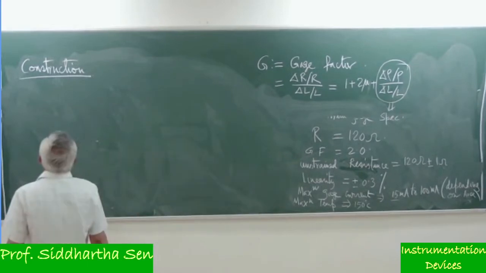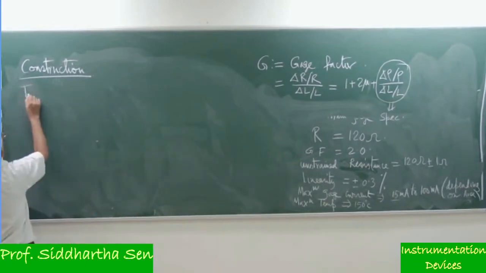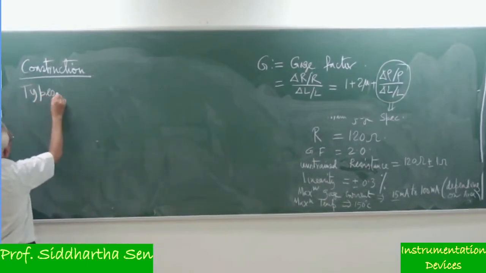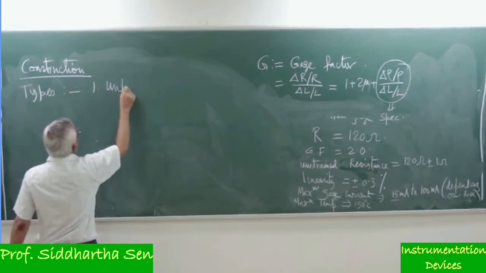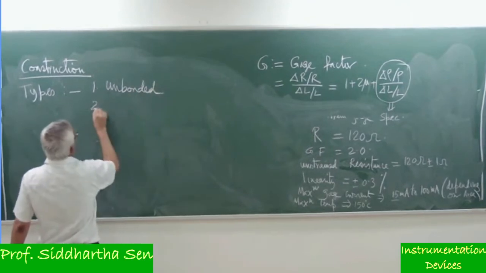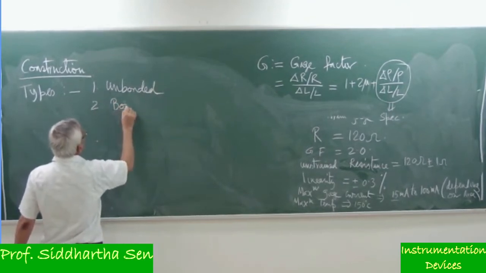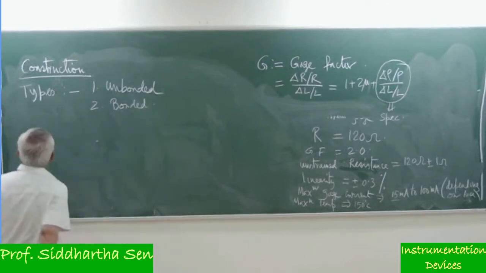So for this we can have typically two types. One is unbonded, another is bonded. So what is unbonded?